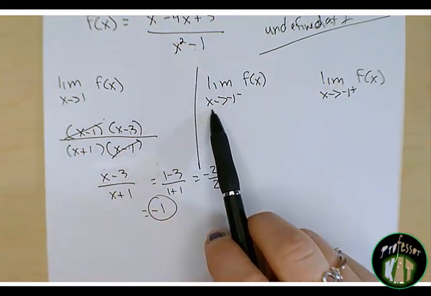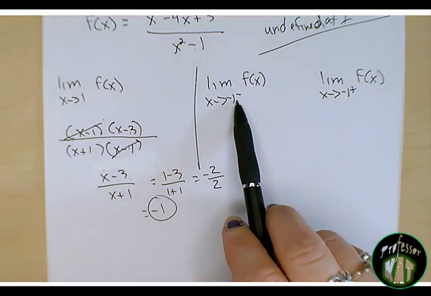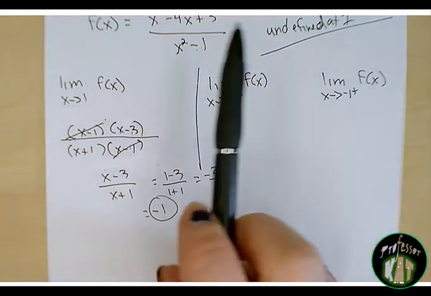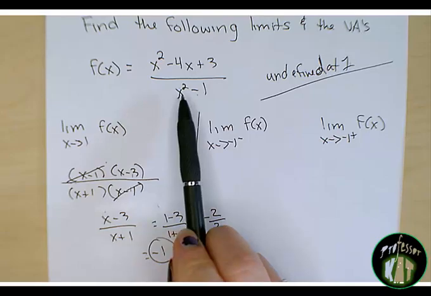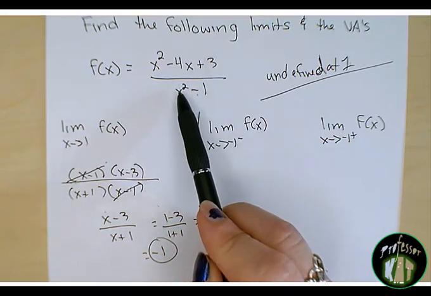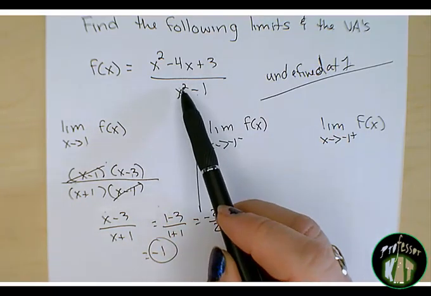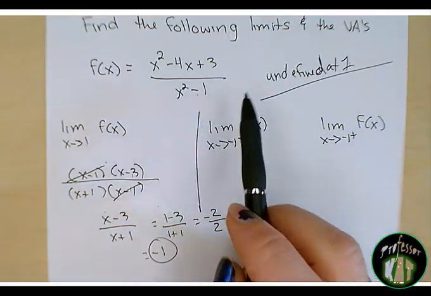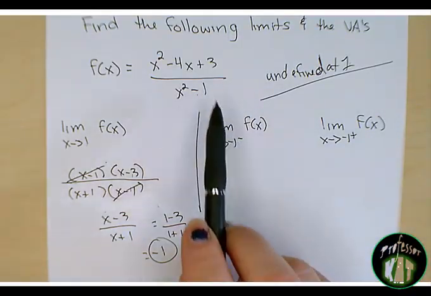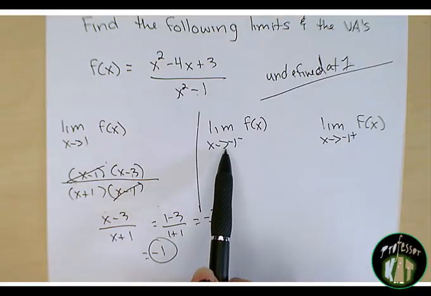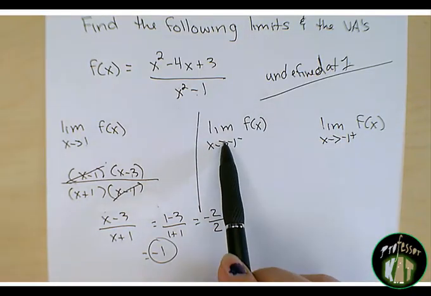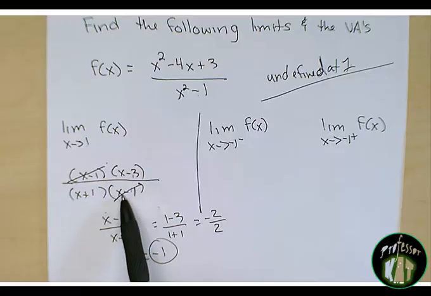Now let's look at the limit as x approaches negative 1 from the left. Again, we plug in negative 1 into our function. Negative 1 times negative 1 is a positive 1, and 1 minus 1 is 0. So we get 0 in our denominator, which again means we want to break it down.